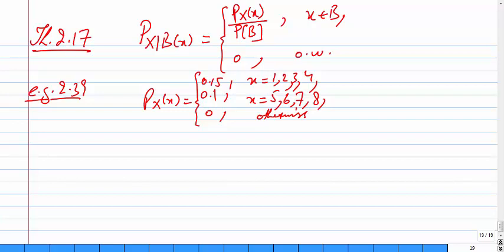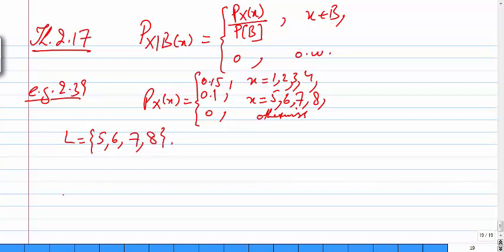So we have to find the PMF for the second machine, which handles 5 or larger. So if I say L belongs to 5 or more, it has 5, 6, 7, 8.